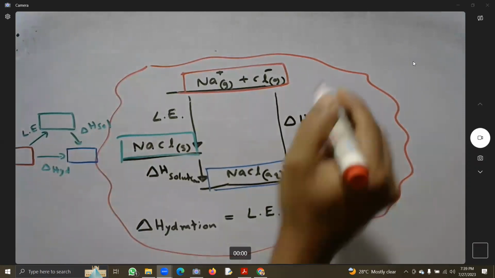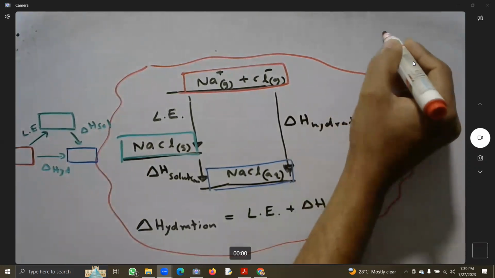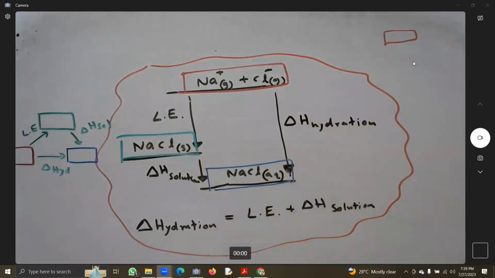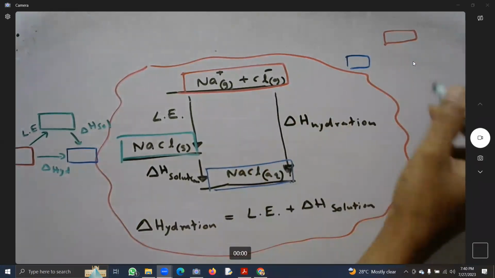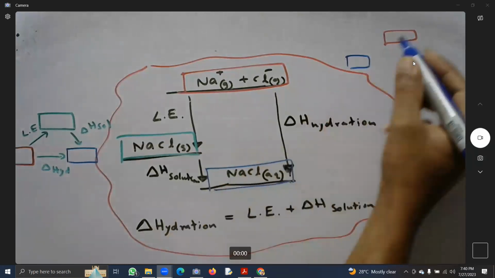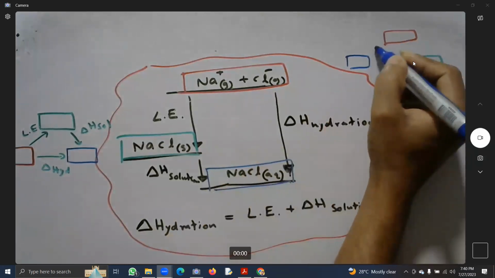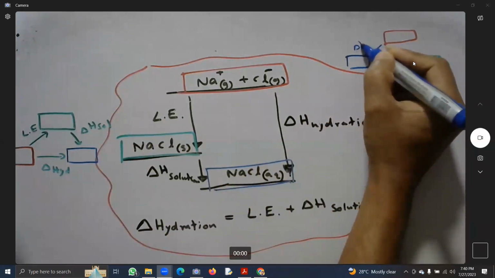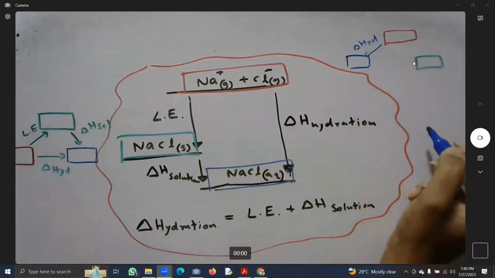Now I can switch the boxes any way I like. I'll go for another diagram. I'll put the red one here, then the blue one here, then the green one there. You should have three colors. Use three colors, it's better. Now if I go from red to blue, I know this one: enthalpy of hydration.